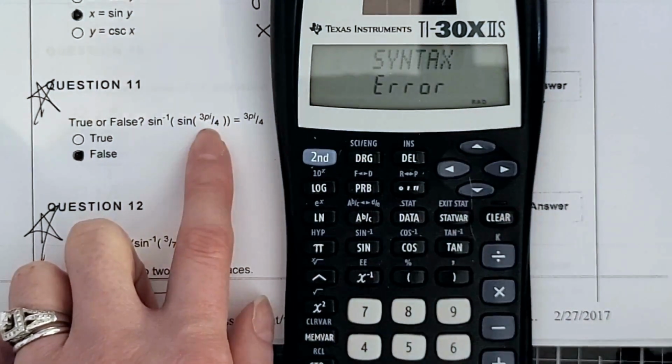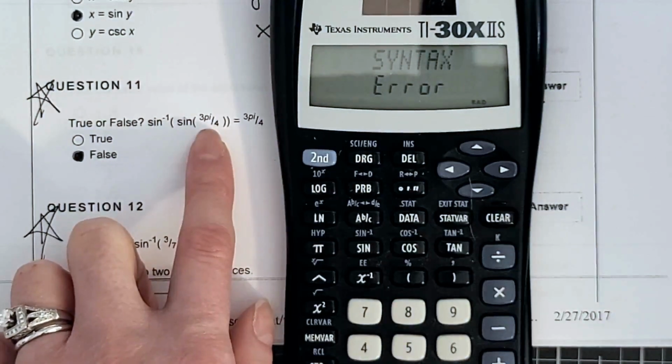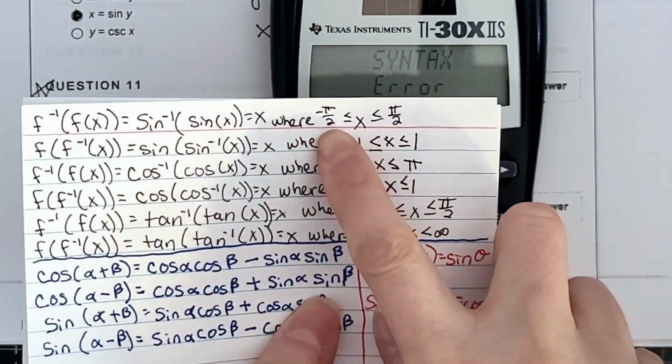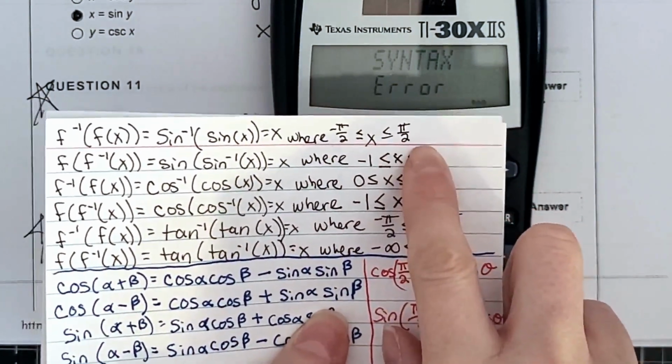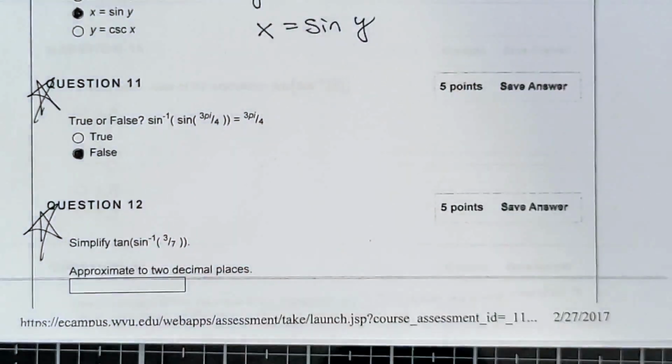And I get a syntax error. So that is because it's not in that domain of negative pi over 2 to positive pi over 2. So that's why it's false and it won't work. So you could use your calculator, or you could just have it memorized, and you should have that memorized.